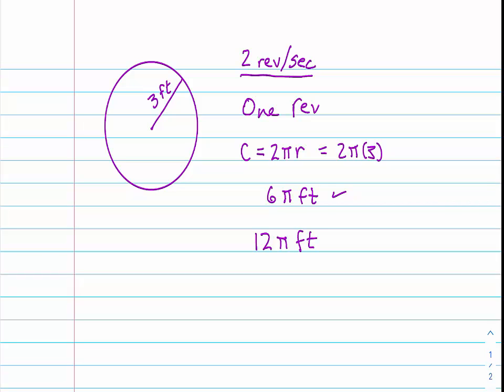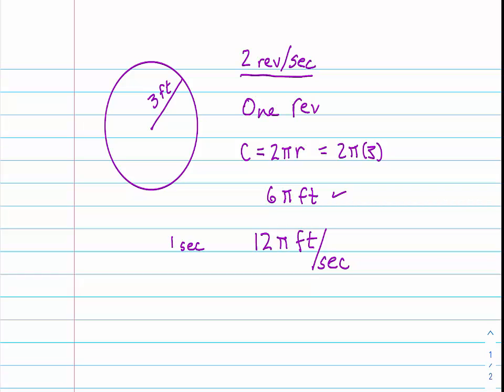This thing goes 12 pi feet per second because it's 2 revolutions. In other words, we're given the distance because we know how to calculate the circumference of a circle. So now I know that it's 2 revolutions per second. Okay, well, that's what we have. Now, that's after 1 second.